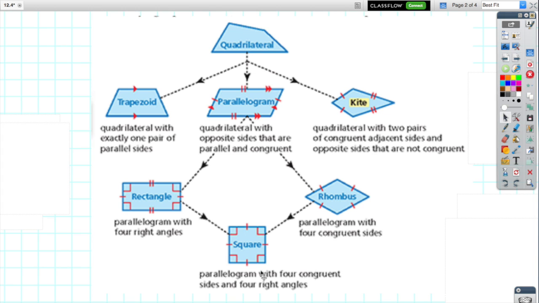If I give you this shape, that's a square, but that square also counts as a rectangle, as a rhombus, as a parallelogram, and as a quadrilateral. If I give you this shape, that shape's a kite and a quadrilateral, but nothing else. And so this is the way we organize the family of quadrilaterals.